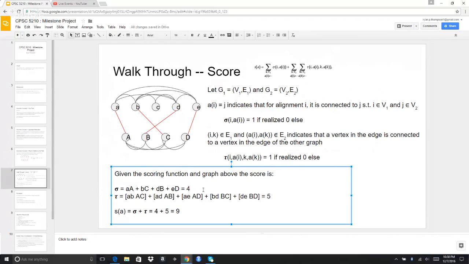So once you have sigma calculated, and once you've calculated this dual summation over each edge in graph 1, looking for a potential realized partner in graph 2, you get a score of 5. Then you sum the vertex connection score and the edge connection score, and that's how you get a score of 9.